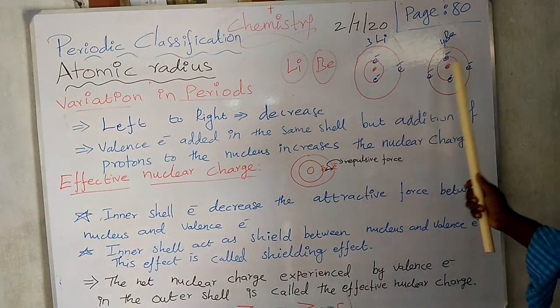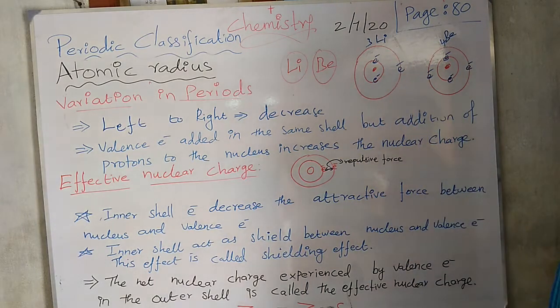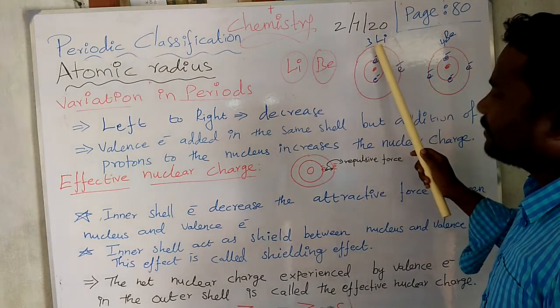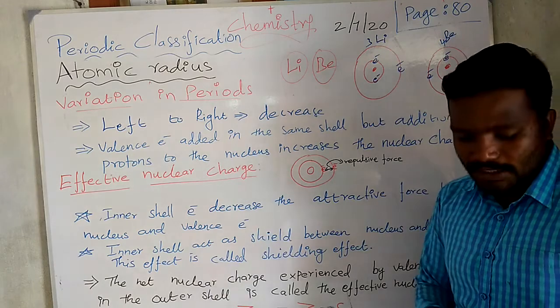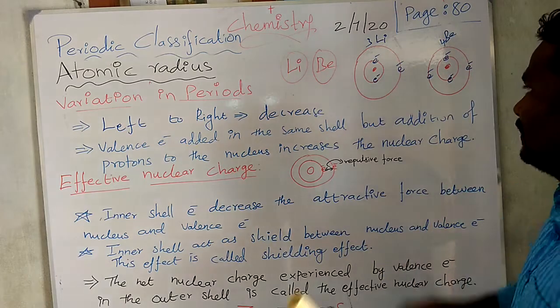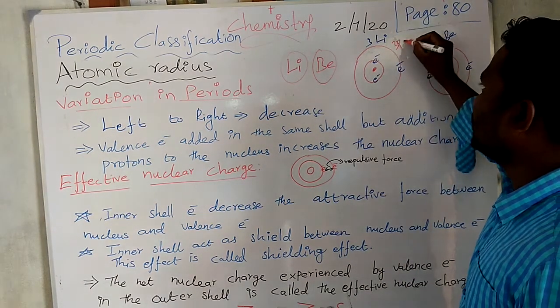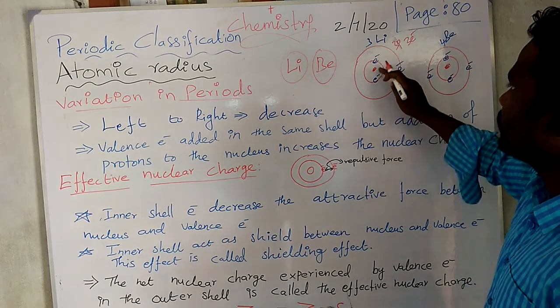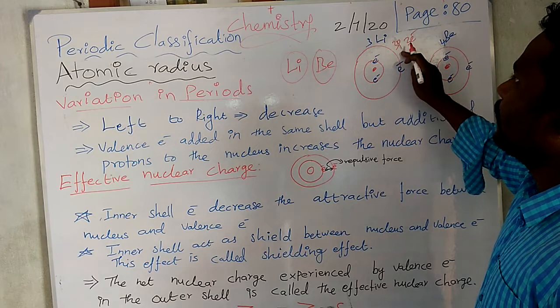How can you tell the protons increase? See, lithium has atomic number 3. That means how many protons does it have, my dear students? 3 protons and 3 electrons. So only 3 protons we want to remember.